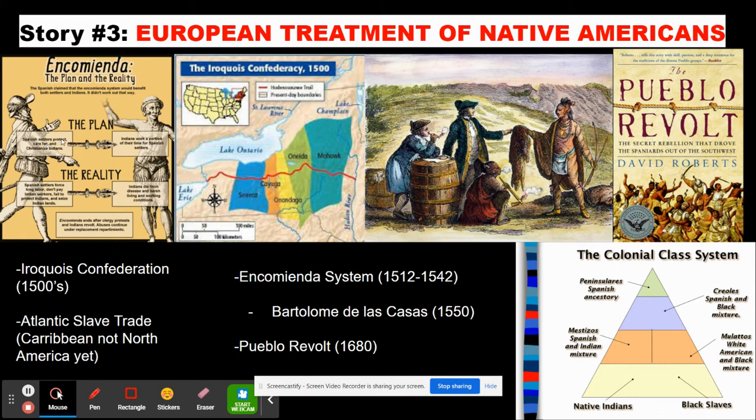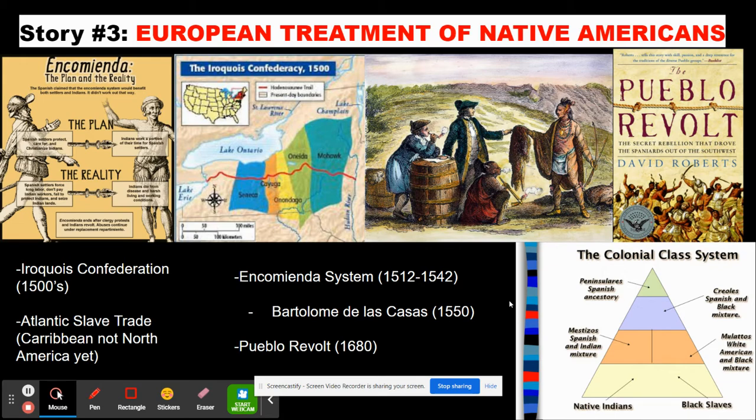And in exchange, these natives would work for the Spanish settlers, hopefully finding that gold and silver. The reality of the situation is that the natives were not paid for their labor, and that the natives were exposed to not only harsh living and working conditions, but intense numbers were killed as a result of disease.